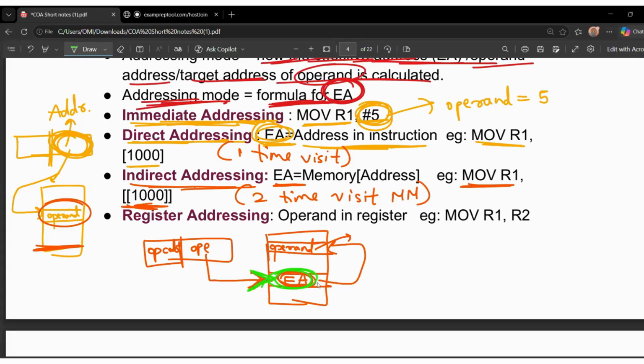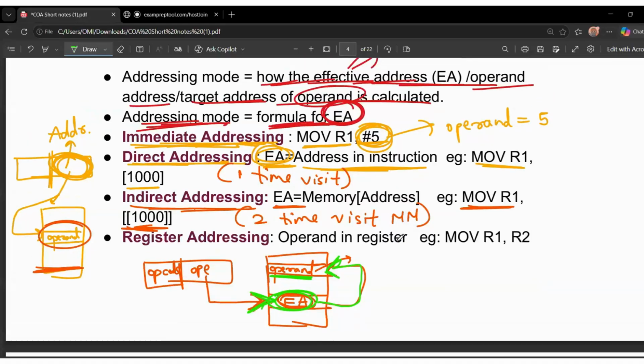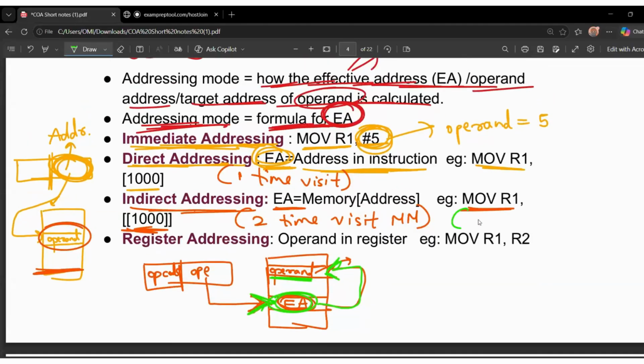First time we are accessing to get the address of operand, and then we are going to that address to get the operand. Yes, pointer implementation. Here pointer will be implemented.